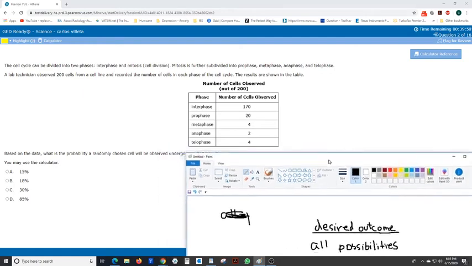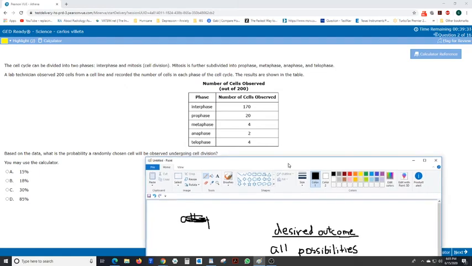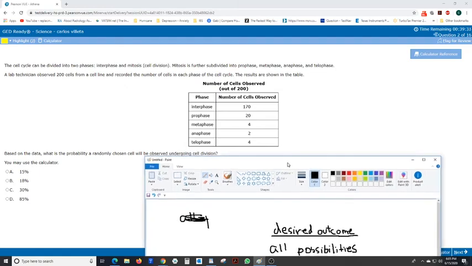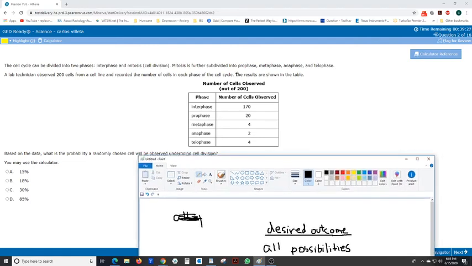So let's see. All right, so the desired outcome is, let's see, randomly chosen was undergoing cell division. Okay, so mitosis is cell division, and cell division is prophase, metaphase, anaphase, and telophase.